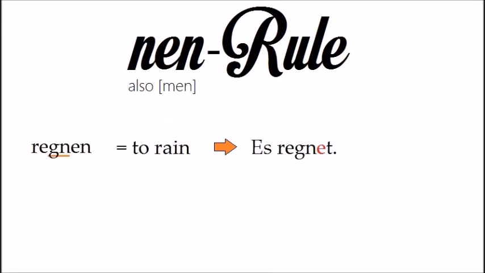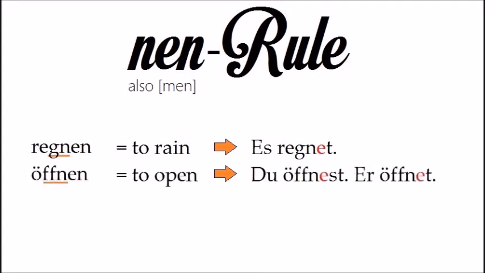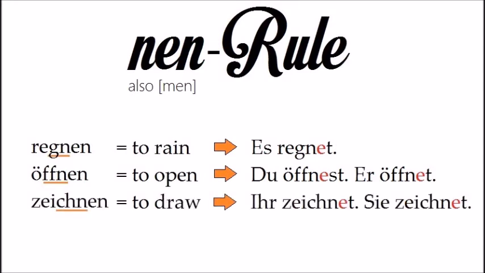Es regnet, it's raining. Öffnen, to open. Du öffnest, you open. Er öffnet, he opens. Zeichnen, to draw. Ihr zeichnet, you guys are drawing. Sie zeichnet, she's drawing. Du zeichnest, you're drawing.